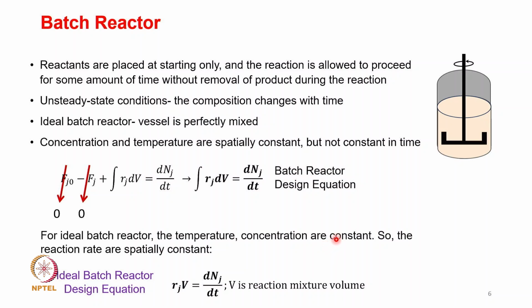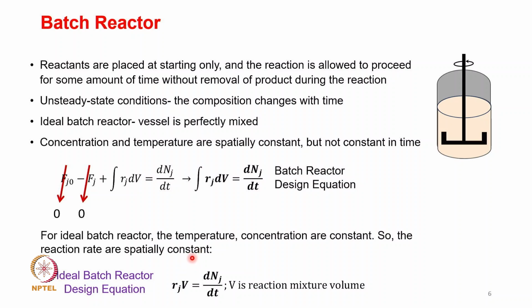Again, we have made the point that the concentration and temperature are spatially constant, so the reaction rate is also spatially constant, but as you would see, it varies with respect to time. Let us summarize the ideal batch reactor design equation.